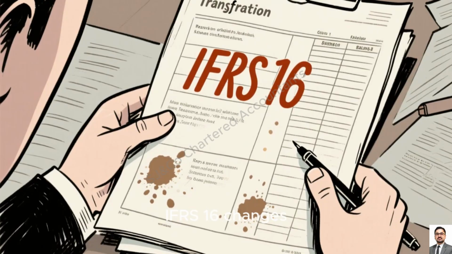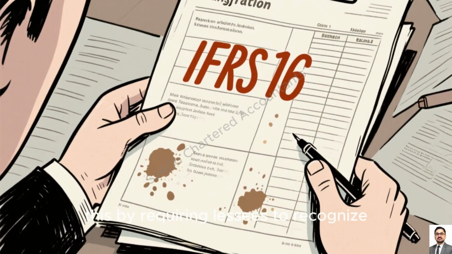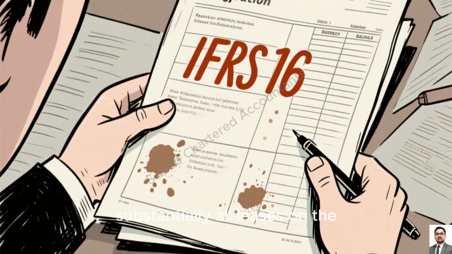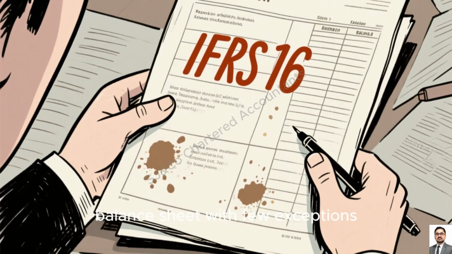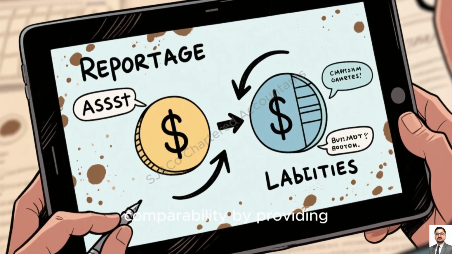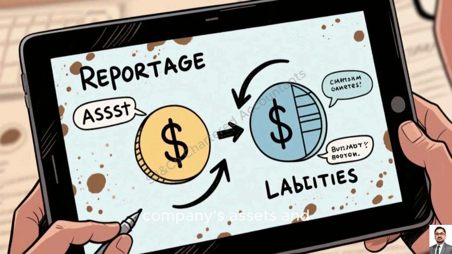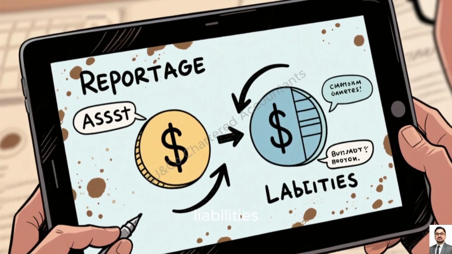IFRS 16 changes this by requiring lessees to recognize substantially all leases on the balance sheet, with few exceptions. This enhances transparency and comparability by providing a more complete picture of a company's assets and liabilities.